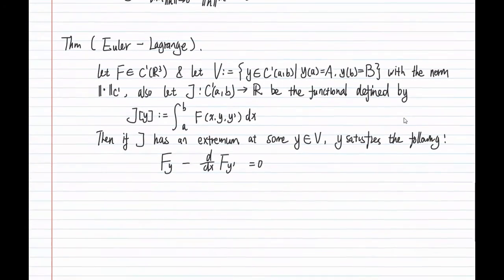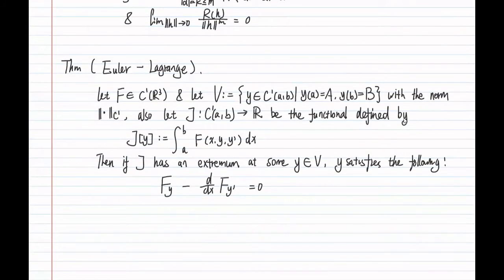So this is the main theorem in our section. First, let f be a function of class C1 defined on the space R3. And then we're going to denote this by U. So U is the set of all functions y inside C1[a,b] with the boundary condition that y(a) is equal to capital A and y(b) is equal to capital B. And we're going to equip this set with the C1 norm.